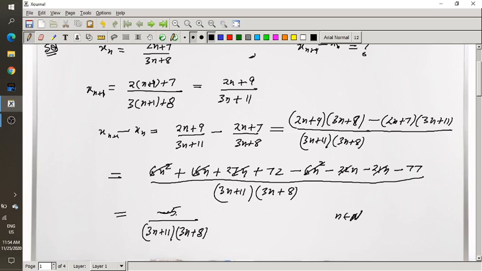The whole sign only depends on the numerator, because 3n plus 11 is positive since n is a natural number, and 3n plus 8 is also a positive value. So in the numerator we have minus 5, so clearly the whole expression is negative, less than 0, and this holds for all n belonging to the natural numbers.